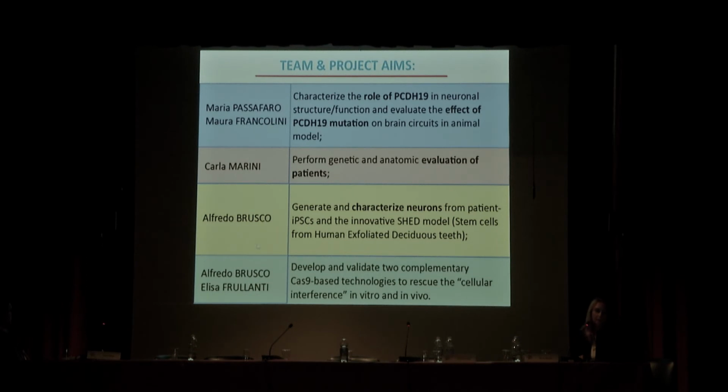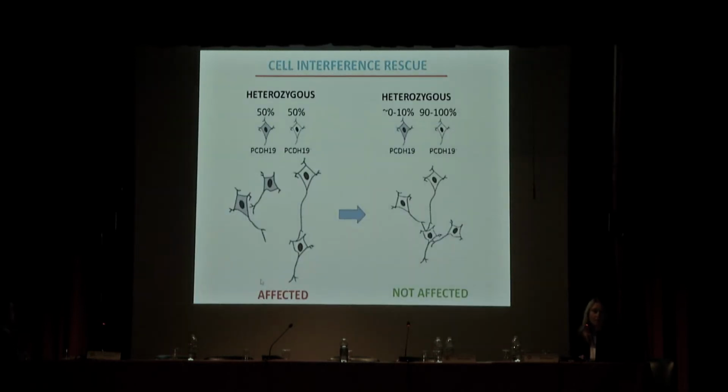Finally, our group in Siena and the group of Alfredo Brusco aim to develop and validate two complementary Cas9-based technologies in order to rescue the cellular interference both in vitro and in vivo.